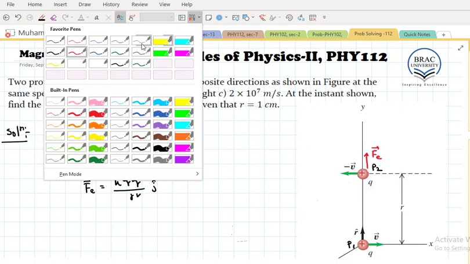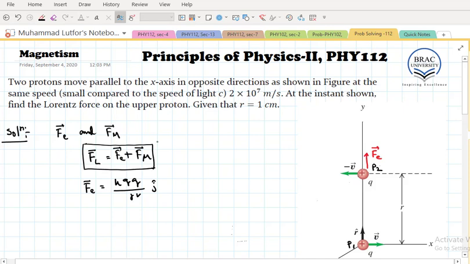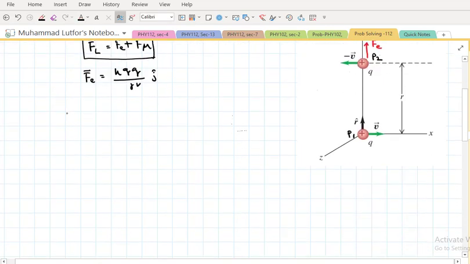Then we can find the magnitude. I know r is 1 centimeter, as given, which is 1 times 10 to the minus 2 meter.